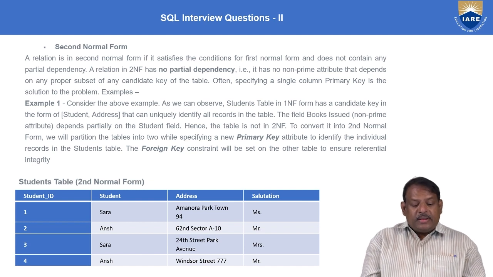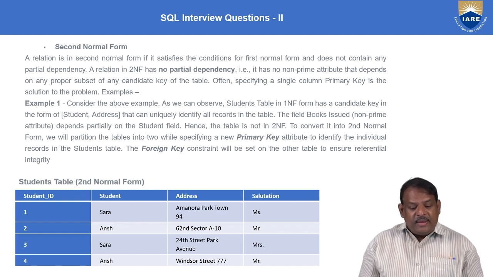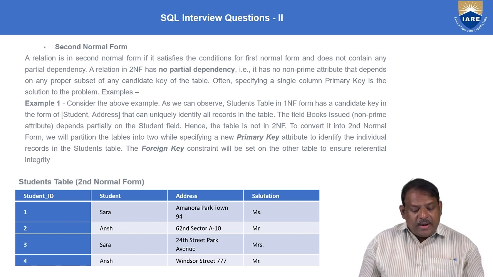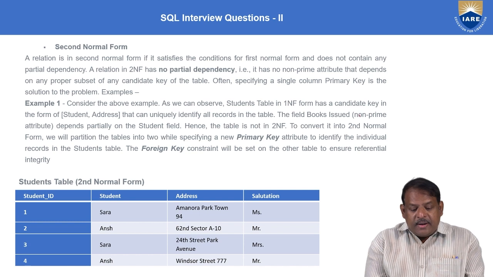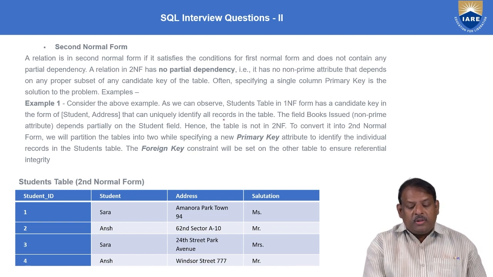For example, consider the following example. As you can observe, the student table in the first normal form has a candidate key in the form of student and address, that can uniquely identify all the records in the table.